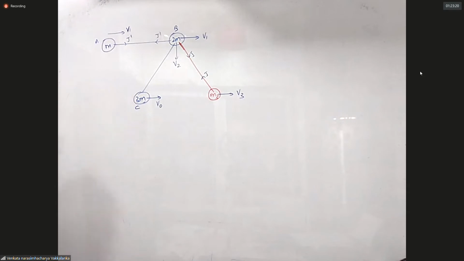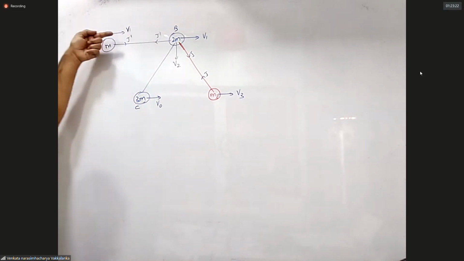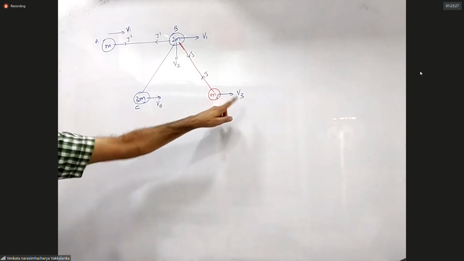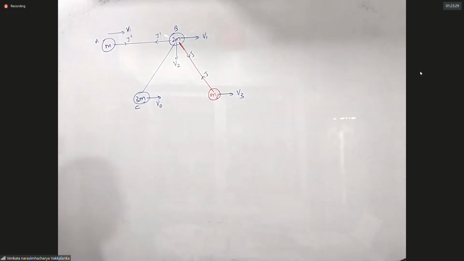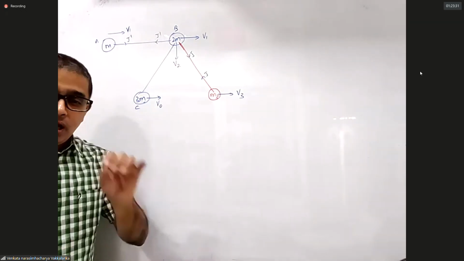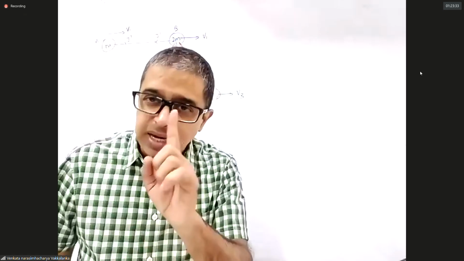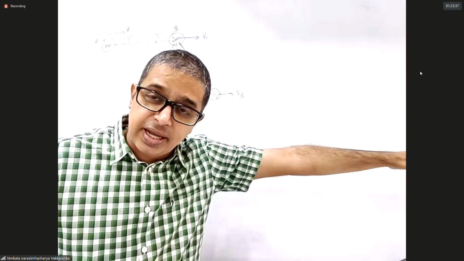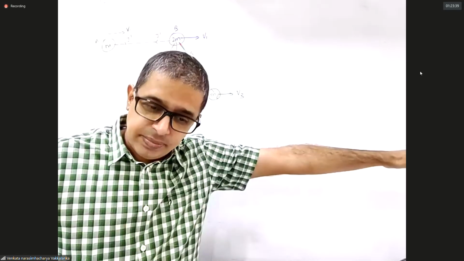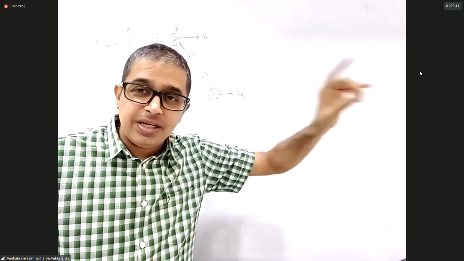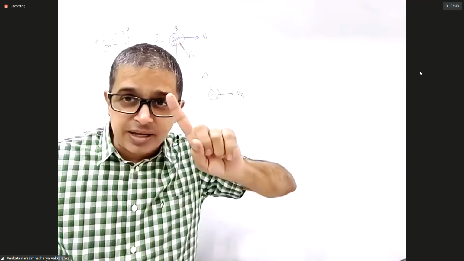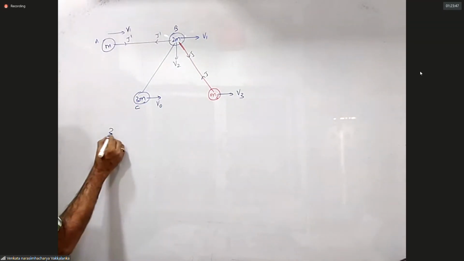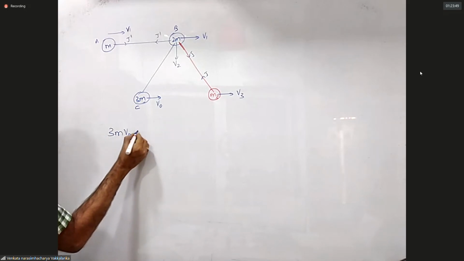So now these both will have the same velocity along the length of the string. I take this to be V2, I take this to be V3. Taking all three masses as one system in the horizontal direction, can I conserve linear momentum? Yes. What is the initial momentum? 3m into V0.